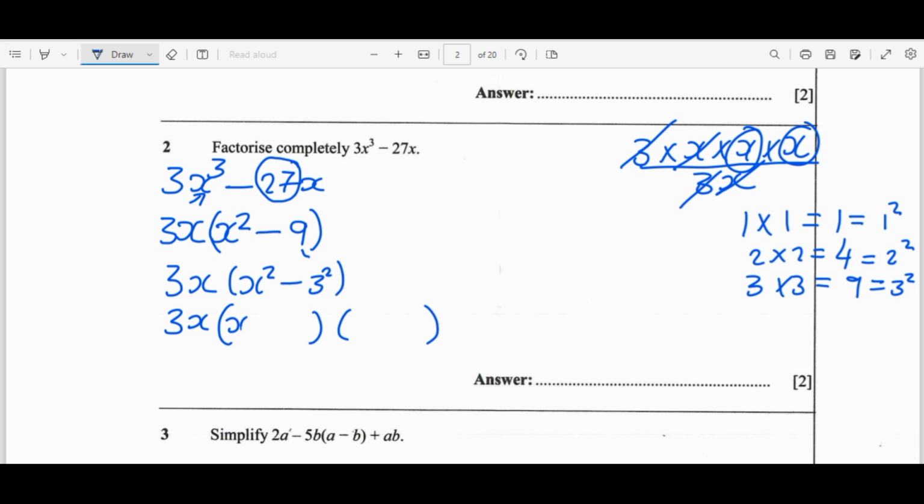The first x you write in the first bracket, then the other x you put here, minus, then here positive. It doesn't matter which bracket has the positive or negative, you can put any. Then here we're going to have 3, also here 3. So this is our final answer.